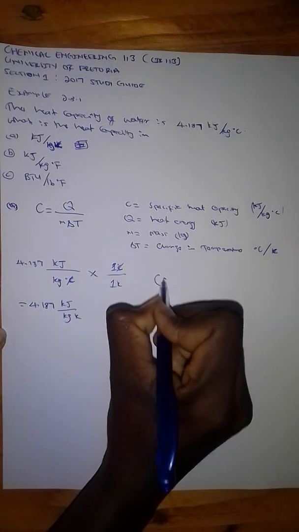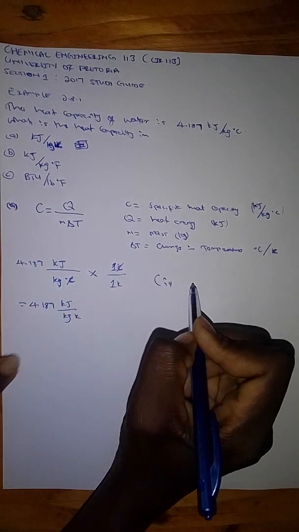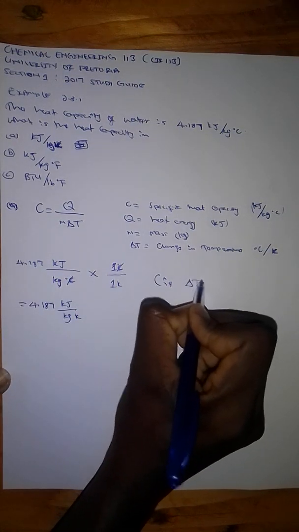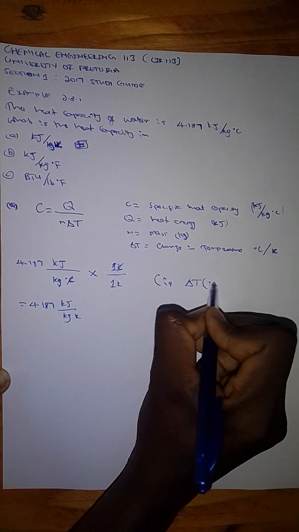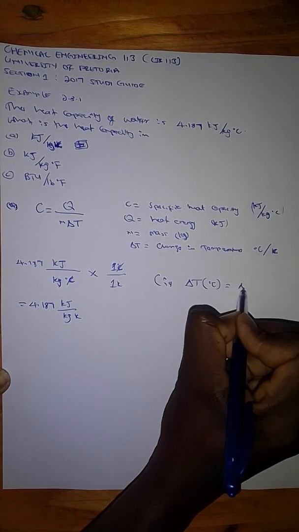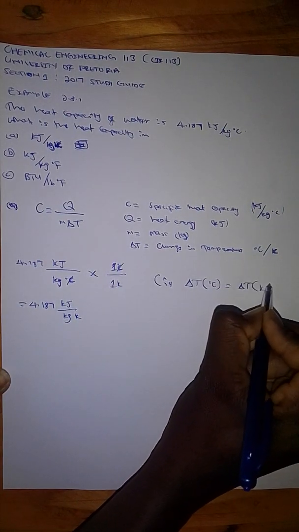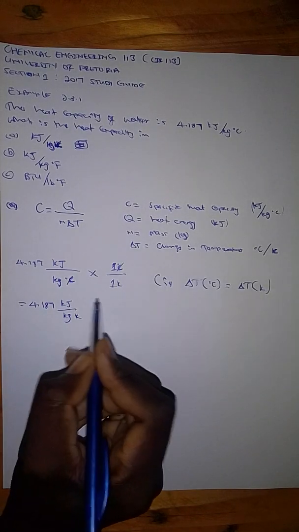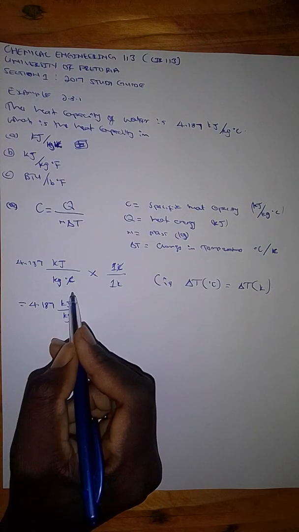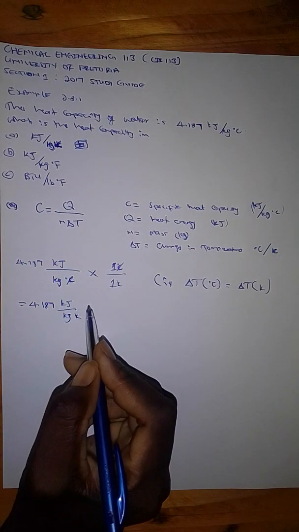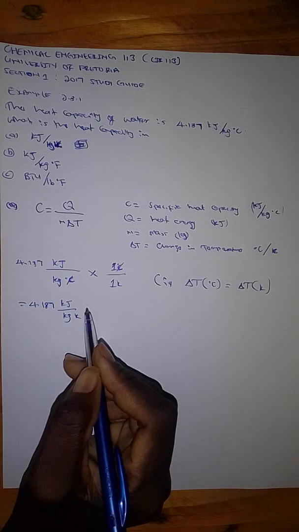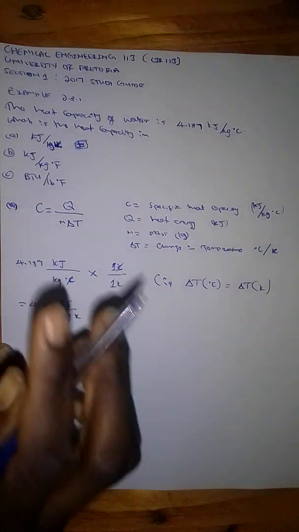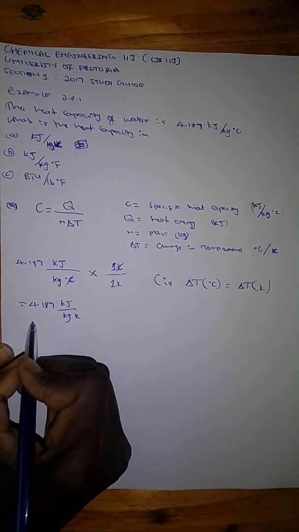I need to write in brackets that the reason we used a 1-to-1 ratio is because the change in temperature in degrees Celsius equals the change in temperature in Kelvin. I know that when converting degrees Celsius to Kelvin, usually one needs to use 273 and the like, but here we're using the change in temperature. I hope that's clearer. So that is our A.